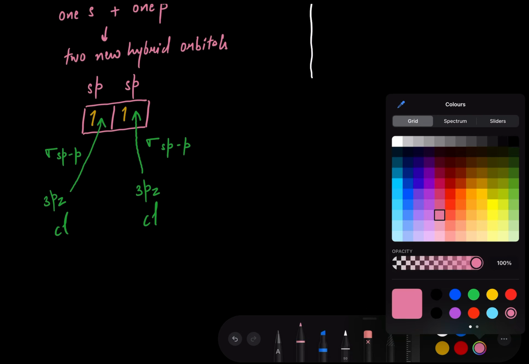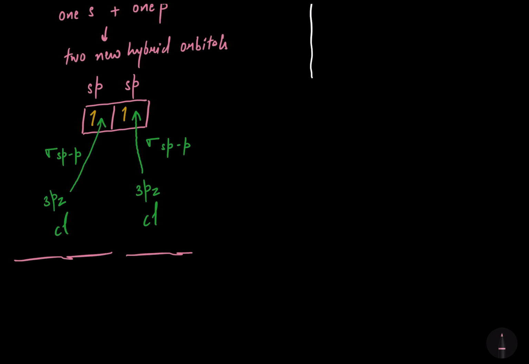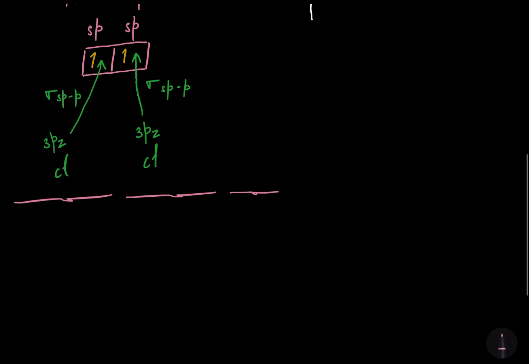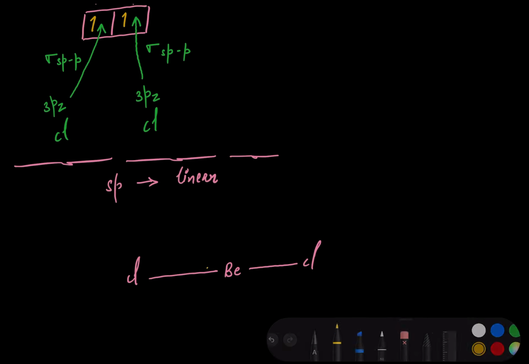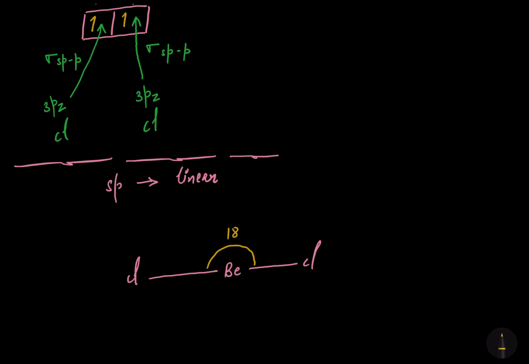Now what's the structure of sp hybridization? Here we actually got the sp hybridization, and I have told you in the previous lecture that sp hybridization has the linear structure. So that means we are having the beryllium over here which is forming covalent bonds with the chlorines, and the bond angle between them will be 180 degrees.